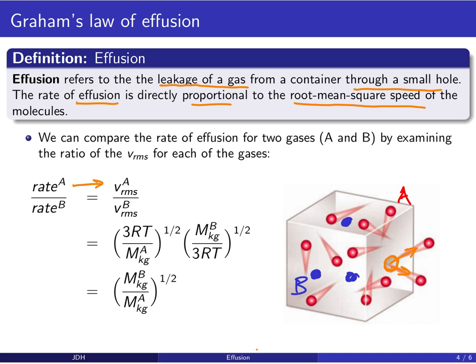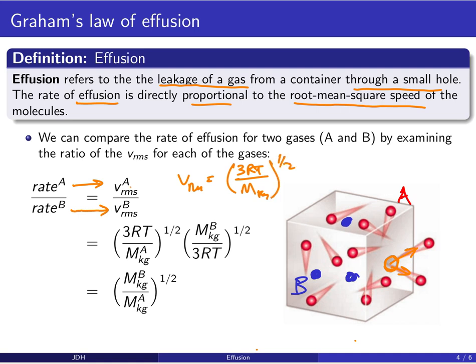So direct proportionality, and of course the same logic holds for molecule B. So if we take the ratio of those rates, we end up with the ratio of those velocities. Now, remember that v_rms is equal to the square root of 3RT over the mass in kilograms.